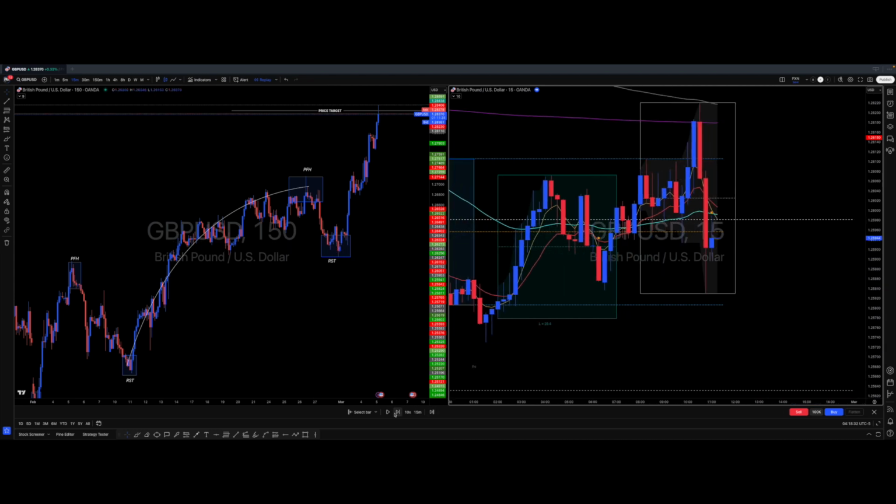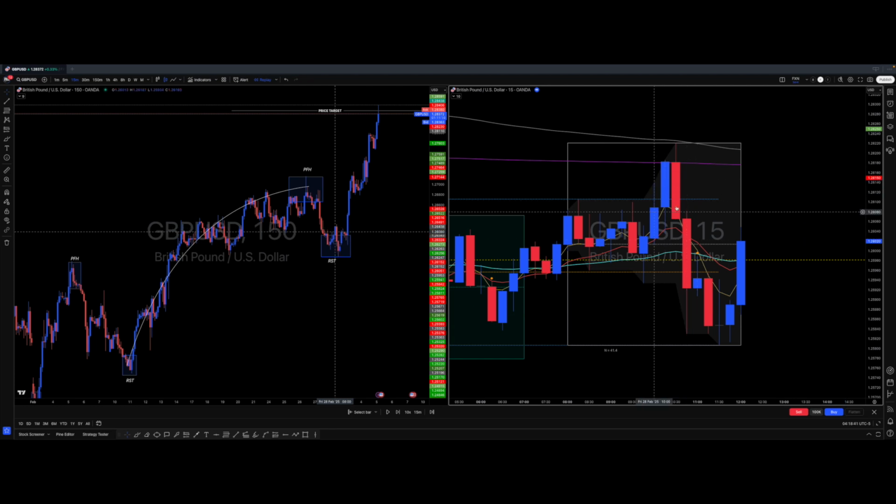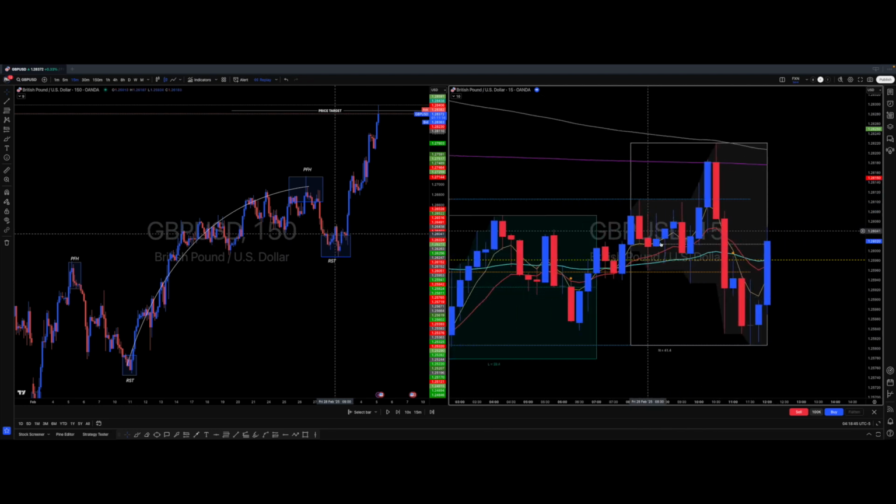Now in the US session, some people might see this here as a reversal. Well, I don't know if it's a reversal. I know somebody said they saw it more like a type 2 pattern, where you'd have a first leg here and then this would be a second leg. To me, it wouldn't be a trade that I would take regardless.